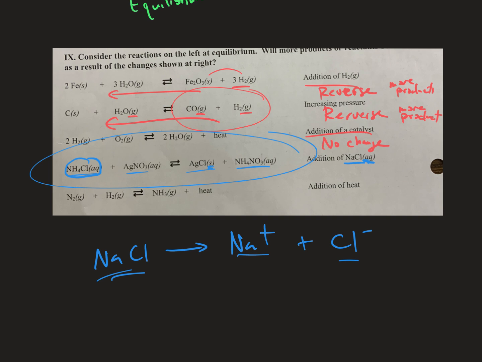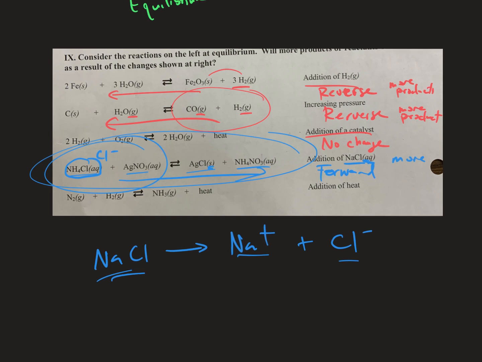They're going to dissociate, and so that means we're adding chloride ions over here. Does that make sense? Questions? We're adding chloride ions. That means we're adding more reactants, and then it's going to push it in the forward direction to produce more reactants. More.